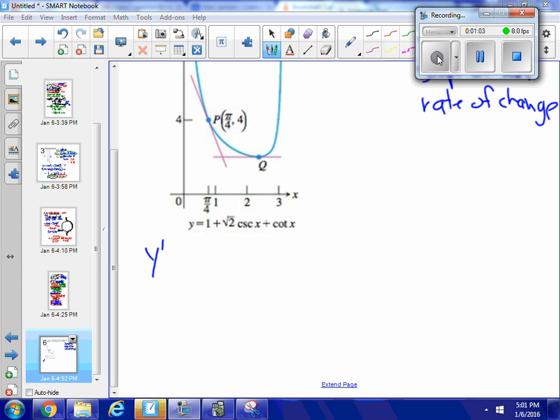Well, I have three functions. The function 1, the function radical 2 cosecant x. I'm not multiplying them, I'm adding them. And the function cotangent x. Well, I'm just going to take them each individually. The derivative of 1 is 0.